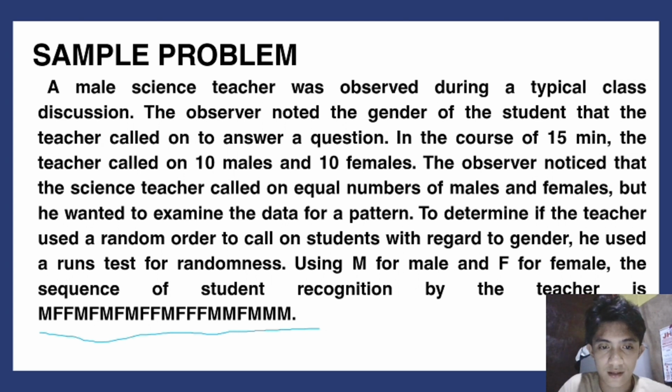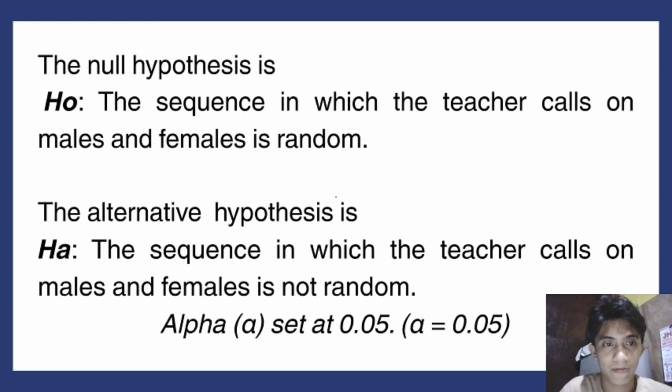And again, the observer wants to know if this series of events occur randomly or not. So let's test for randomness using the runs test. First, let's have our null hypothesis.